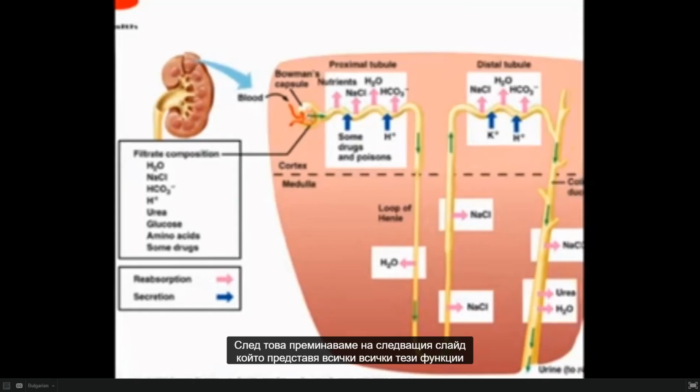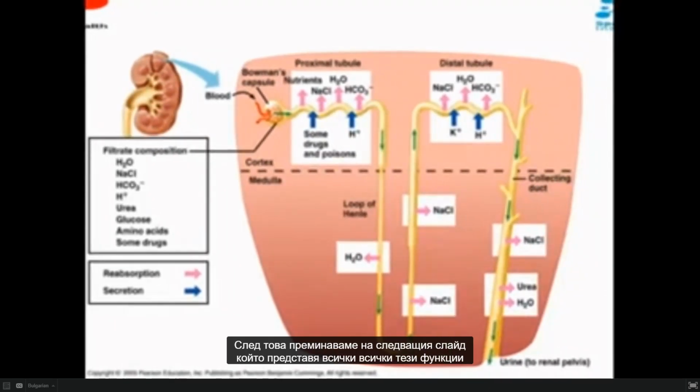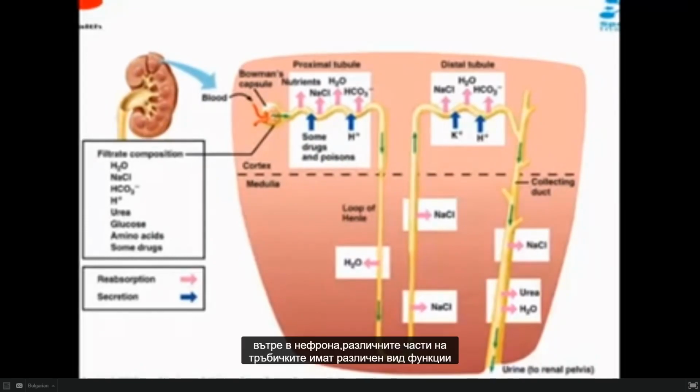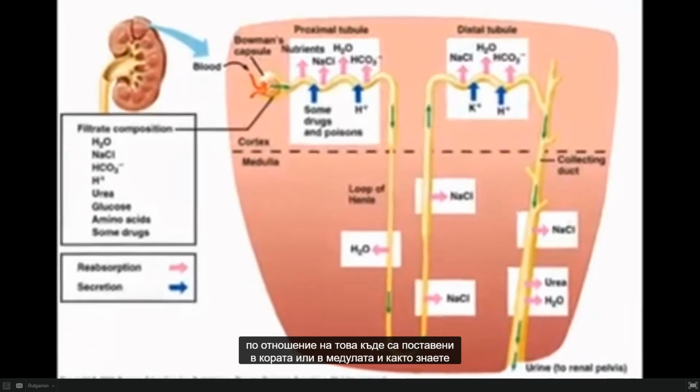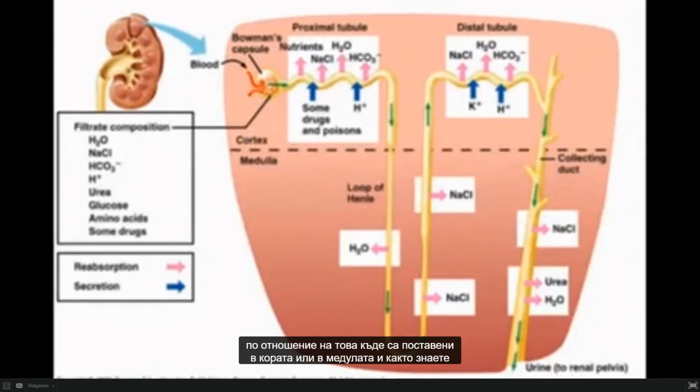The next slide is a representation of all those functions inside of the nephron. Different parts of the tubules have different kinds of function depending on where they are placed, in the cortex or in the medulla. And how do you know? Because we have layering inside of the kidney, like the cortex, medulla, and inner medulla. This is again a representation of the state of matter.